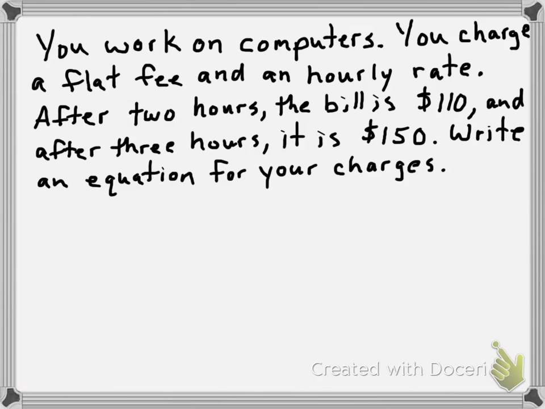Okay? Now, that may not seem like it has anything to do with what we've been doing. But if you notice, we have 2 points here. After 2 hours, the price was $110. And after 3 hours, the price was $150. Those are our 2 points.